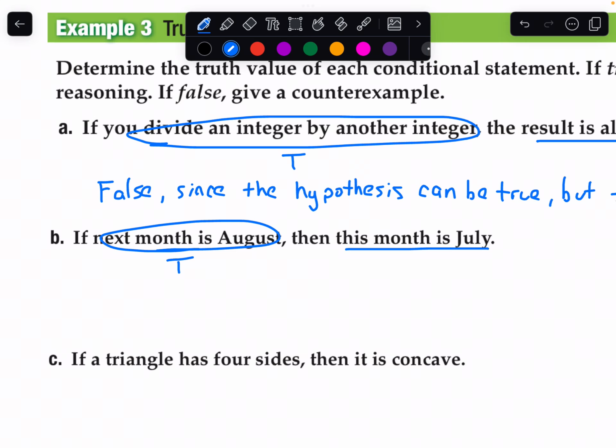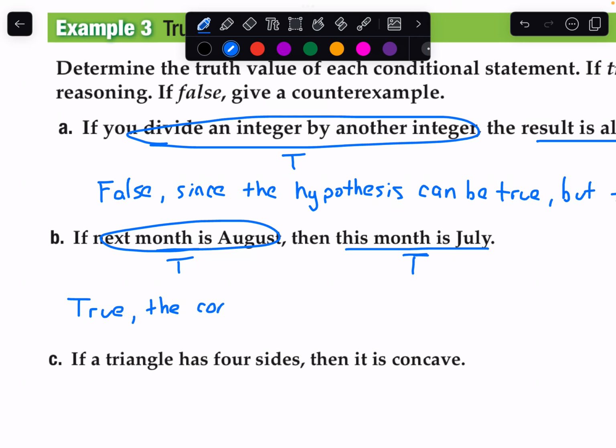When the next month is August, which month comes before August? June, July, August. July comes before August, so this month is July would be true. So this entire conclusion is true.